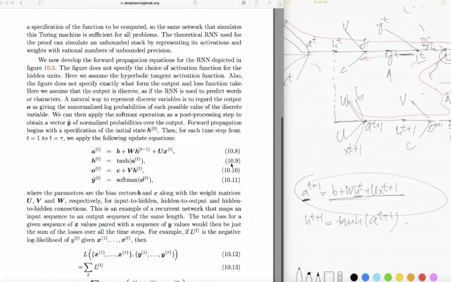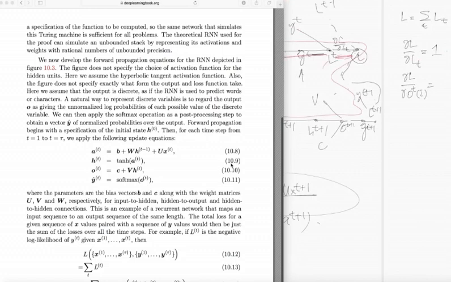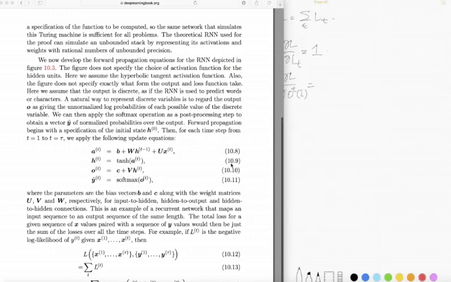So partial O_t,i represents the ith component of the output at time instant t. So this is just partial L over partial L_t times partial L_t over partial O_t,i.